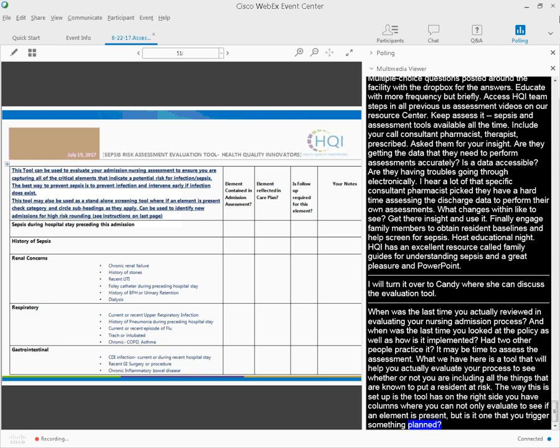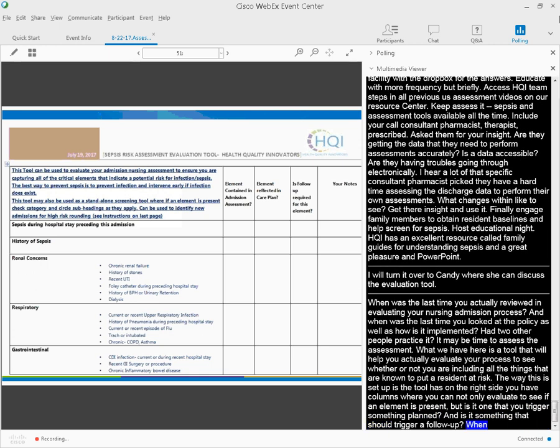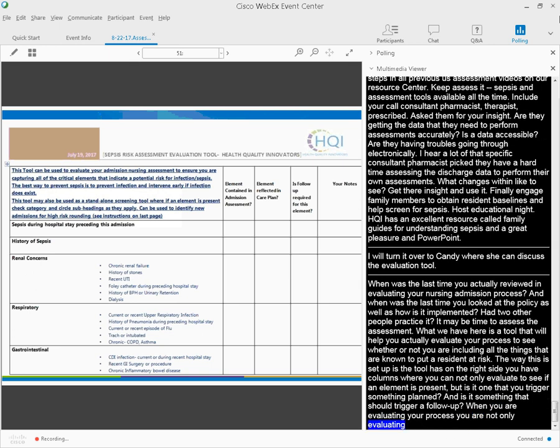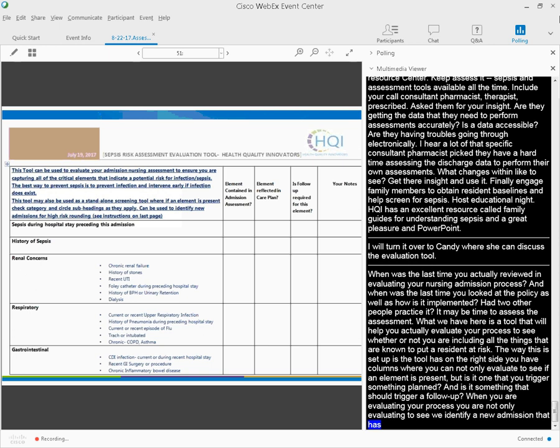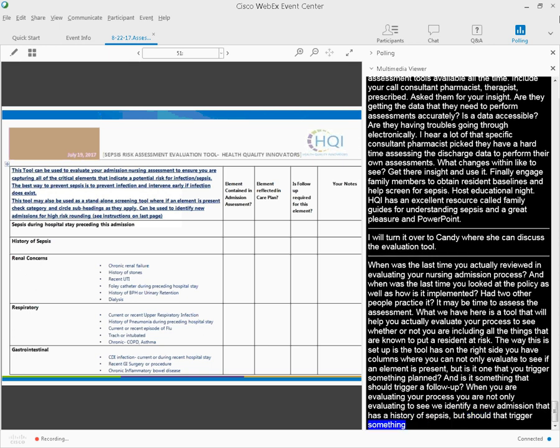So when you're evaluating your process, you're not only saying, okay, we identified a new admission that has a history of sepsis, but should that trigger something on the care plan? And should that trigger something in follow-up? And does your process include that?